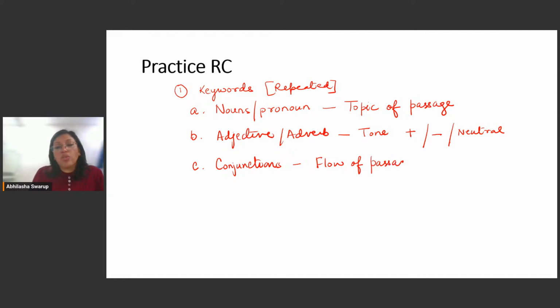You are able to see that when you look at the conjunctions or the transition words. Let me write that. The transition words are very important when we are trying to solve the RCs, so when you're reading, pay attention to them. These are the things that you will keep in mind while you're reading the passage.